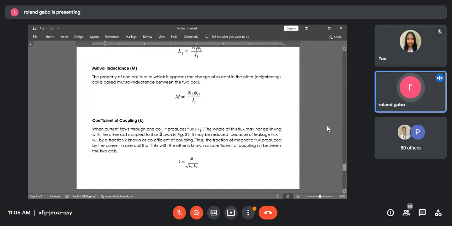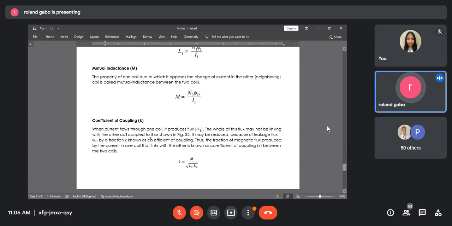Then coefficient of coupling K. So when current flows through one coil, it produces flux. So mo flow gani ang current sa ka-coil. Of course, mo flow ang flux, which is the magnetic lines of force, moagi dito sa imong core. So the whole of this flux may not be linking with the other coil coupled to it.